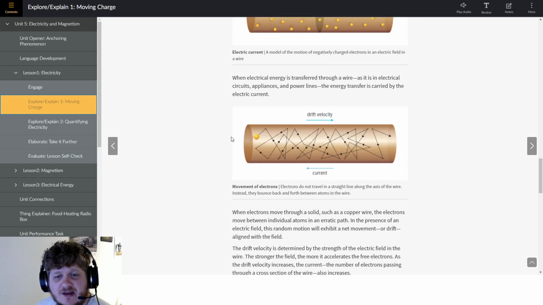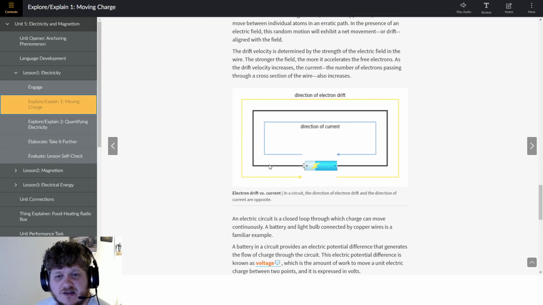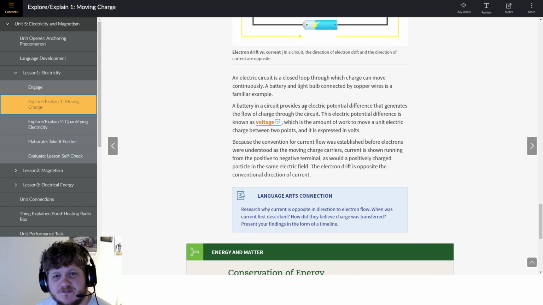Now, a big thing to understand is in a circuit, our electrons move in the opposite direction that we consider the current to move, which is a little bit counterintuitive, but I do want to bring that up.